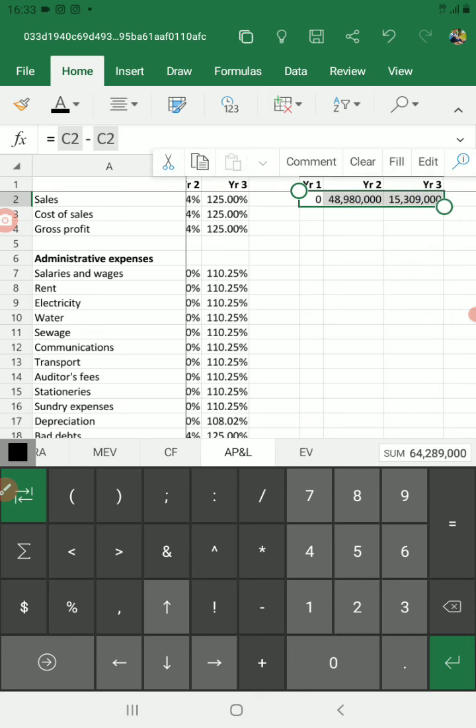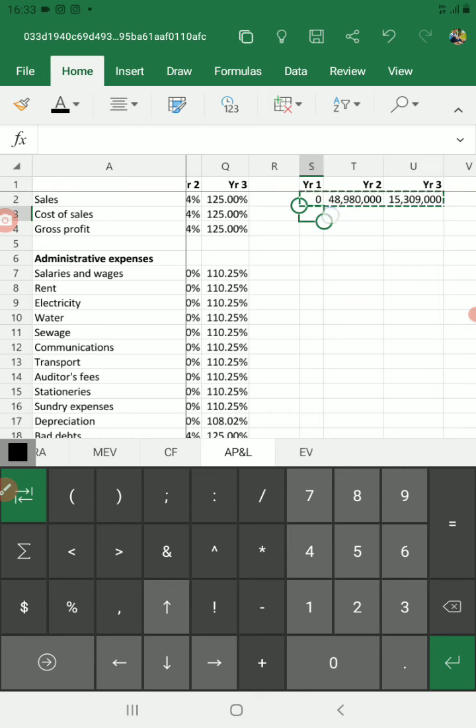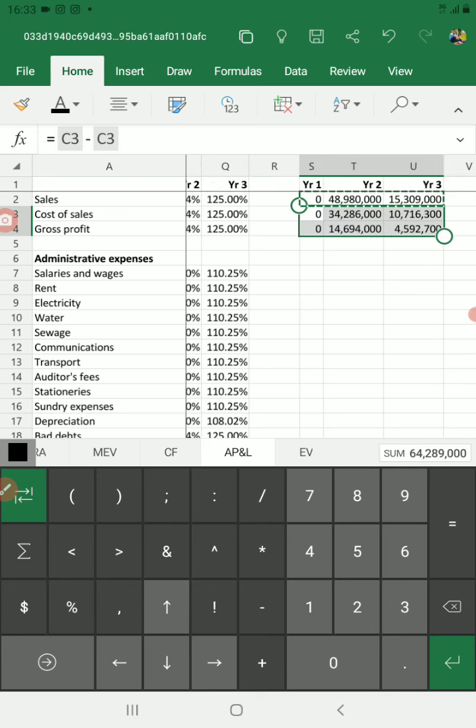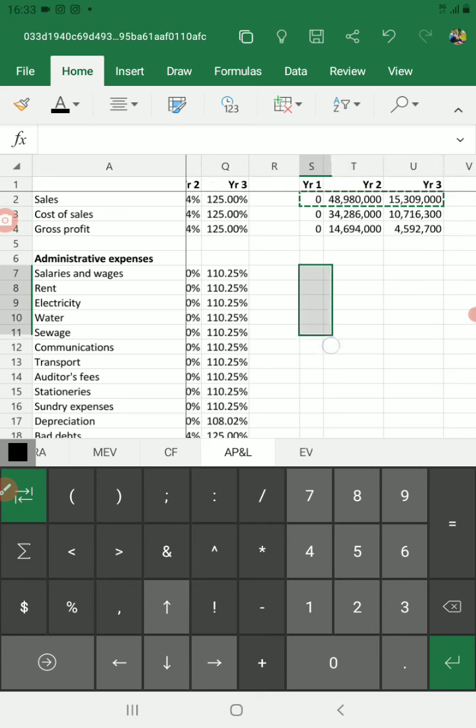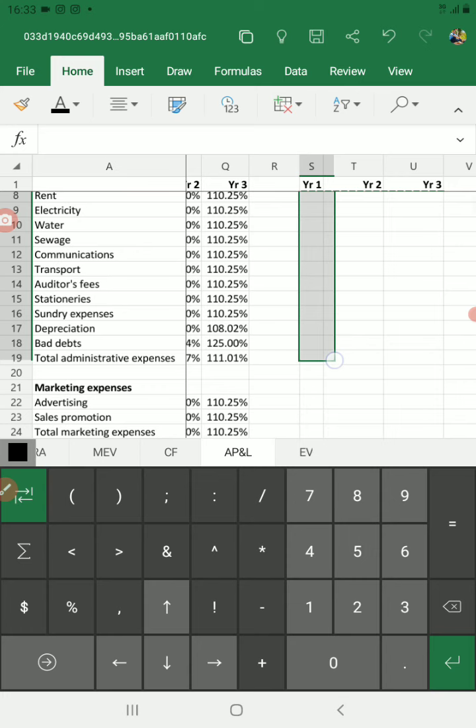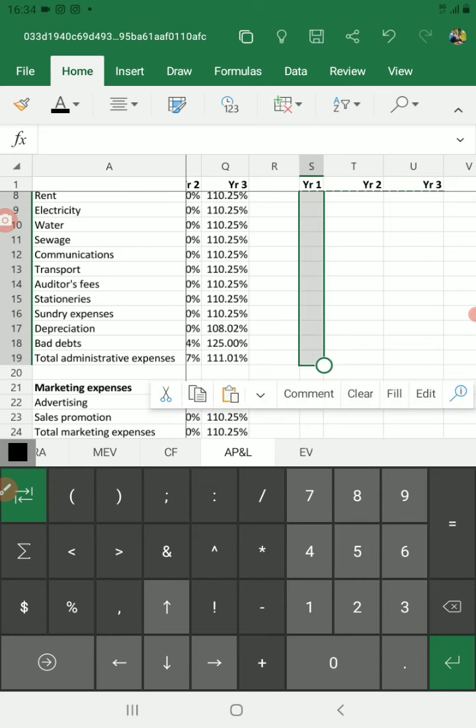So again, I select all this, copy, and then come here, select this and paste. Come here, select this and paste.